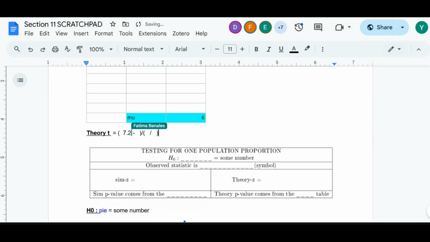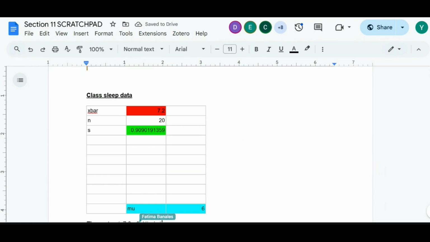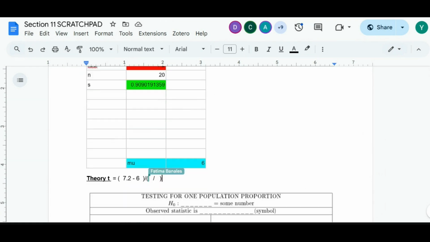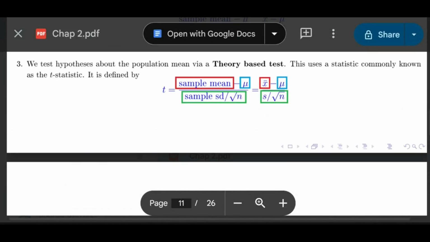Can you start? Very good. I see 7.2. Good. Red minus blue. Blue is 6. Okay, and then what goes in the bottom? I'll flash back to my notes if you want, but I think you probably copied down the notes already. See, here's the formula. Red minus blue over green.